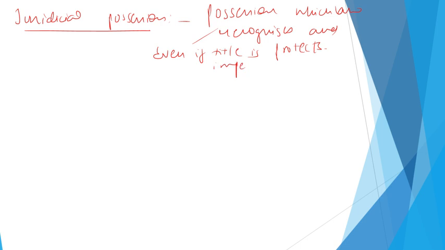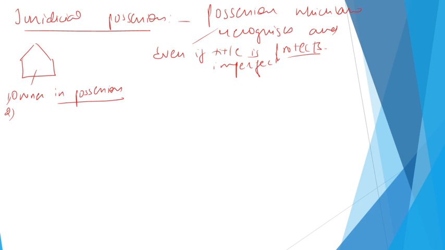What I meant to say by all of this is, in this house, if I'm a person, I don't have the title over this house, but law recognizes my possession. What could be those scenarios in which law recognizes it? First could be owner in possession. We understand owner in possession.